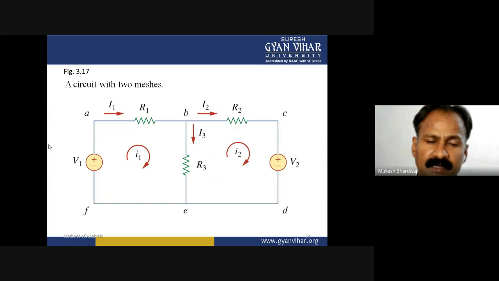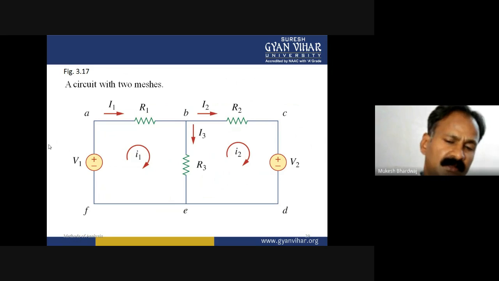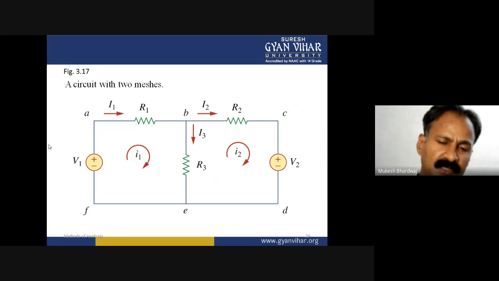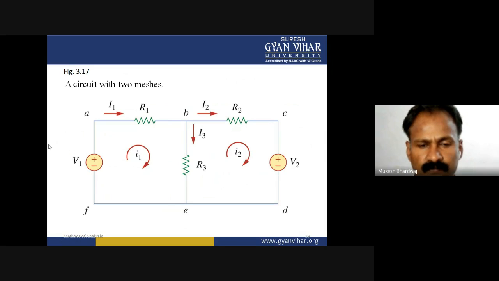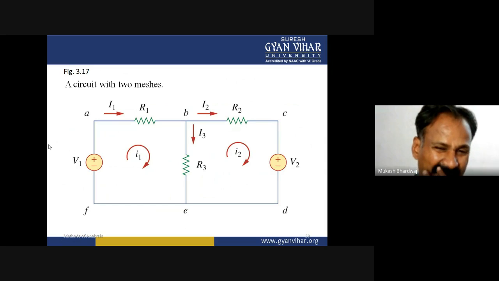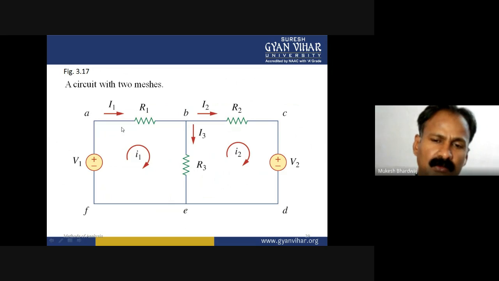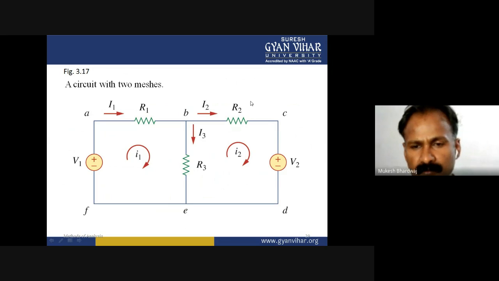It cannot be that one is clockwise and another is anti-clockwise. The notations are different for each mesh. For the first mesh, I1 current is flowing. For the second mesh, I2 current is flowing. Now apply Ohm's law or the mesh rule to get the equations.